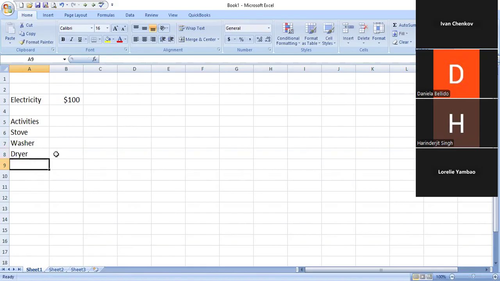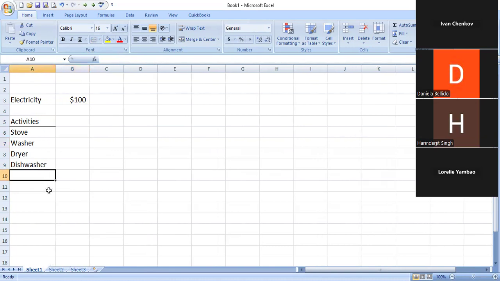What else? Probably dishwasher, right? If we have a dishwasher. What else? What else are we going to drive our electricity? What else can we use that drives our electricity? Aircon units or the heater? Heater.